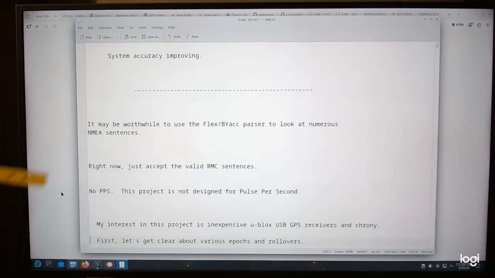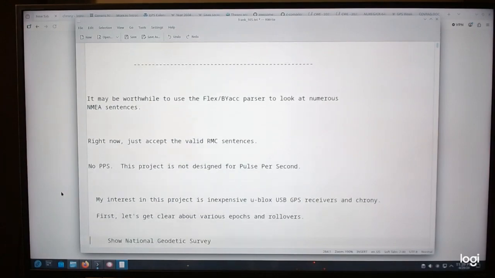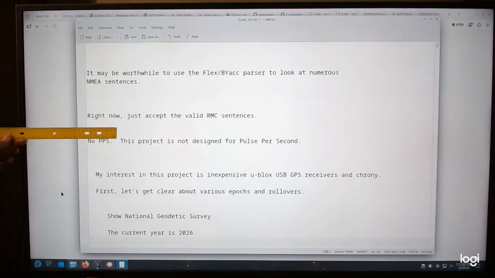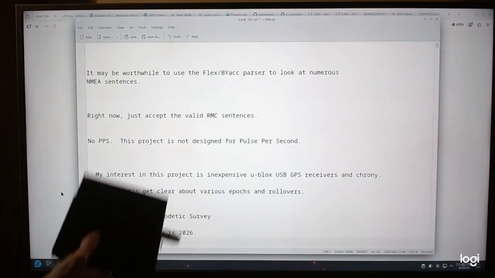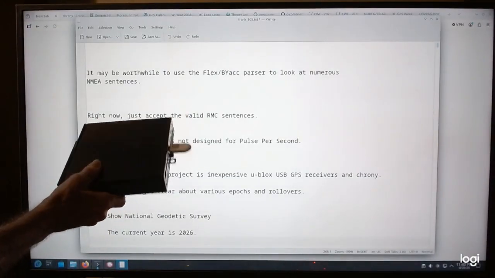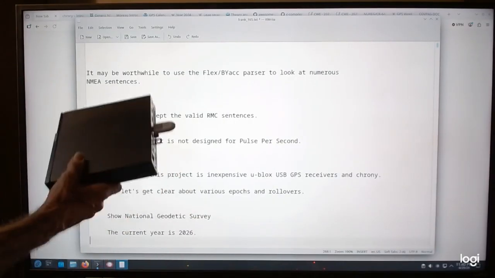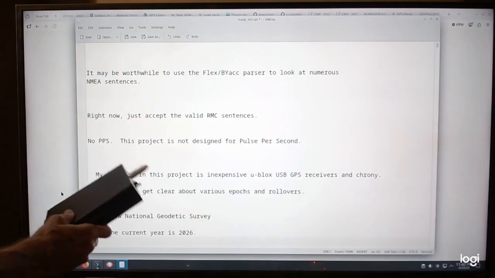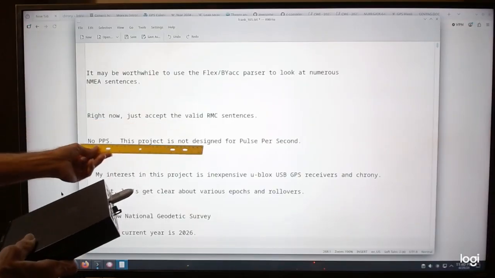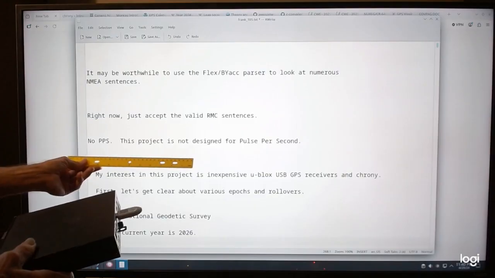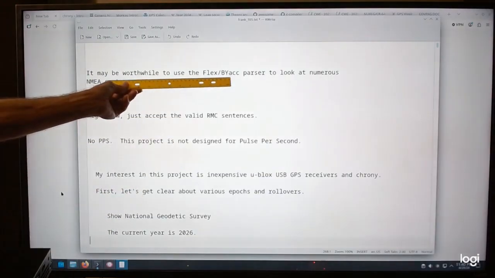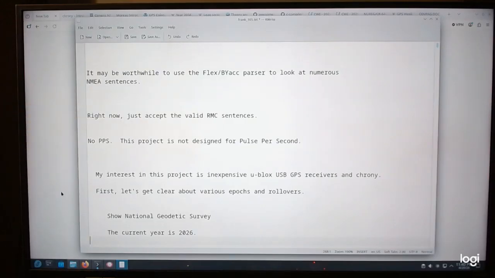Yeah, there's Flex and Yak. Right now, now that I have several of these refurbished micro PCs, I might be able to put a hand parser on one and a YAC parser on another one.